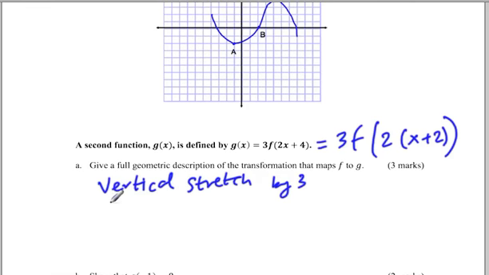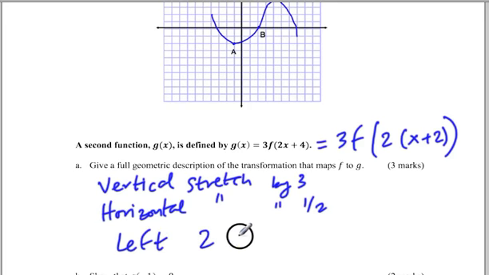This 2 over here tells you that there's a horizontal stretch by 1/2. Okay, by 1/2. And if you look at the last one, it's x plus 2, which means it's 2 units to the left. So all you just say is left 2 units. And you're done. That's the full geometric description that maps from f to g.